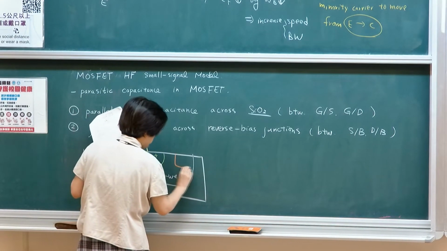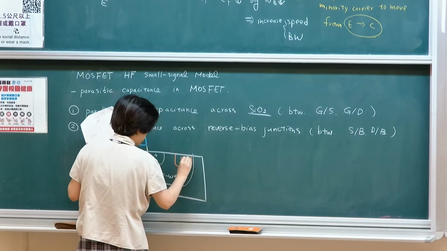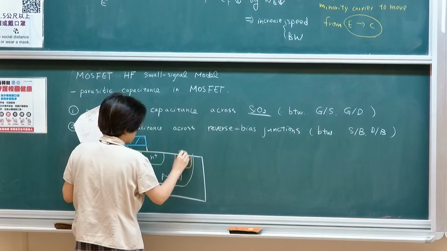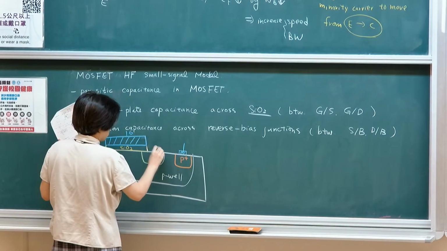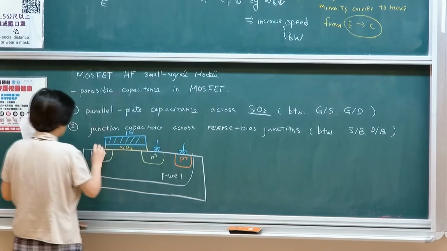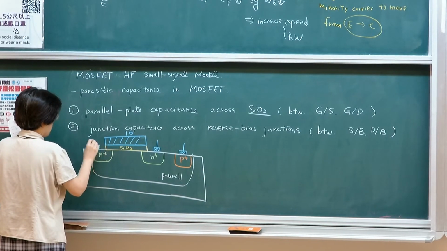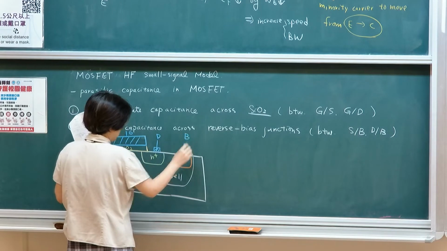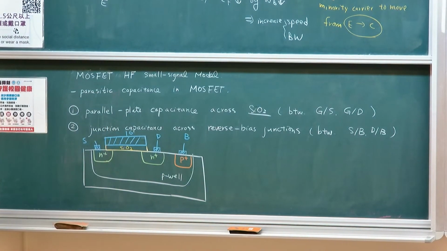And then we'll have a P plus pickup, as we already know that for a metal pickup you need a plus doping. So these are the connections: source, drain, and body.